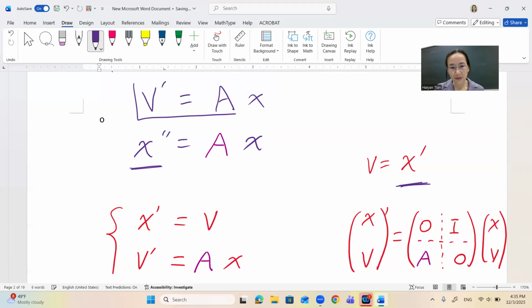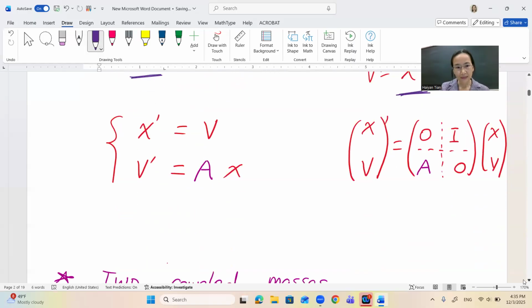So you see this becomes first order as soon as we define a velocity vector.